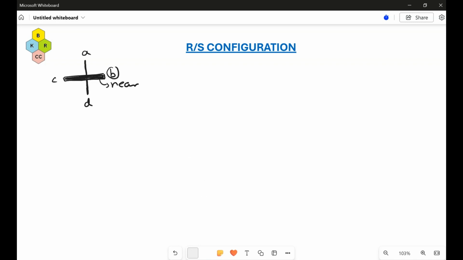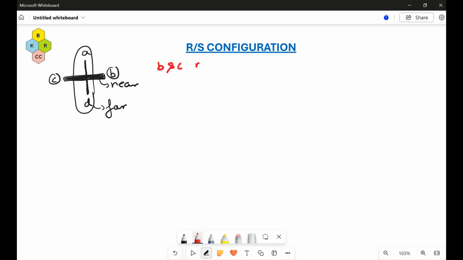So B and C are known as near groups, and the groups attached to the vertical bonds are known as far groups. So A and D are known as far groups.